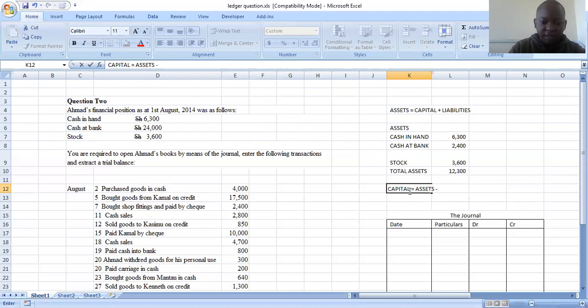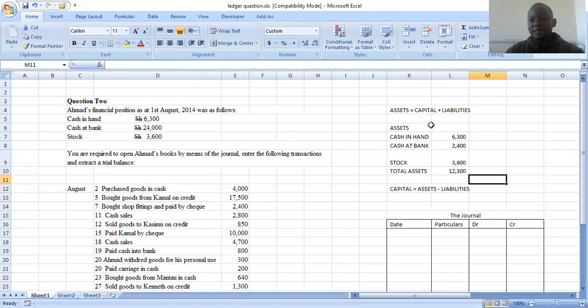From the balance sheet equation, capital is equal to assets minus liabilities. We have assets equal to 12,300, but we don't have liabilities, so liabilities is 0. So our capital is therefore equal to 12,300.